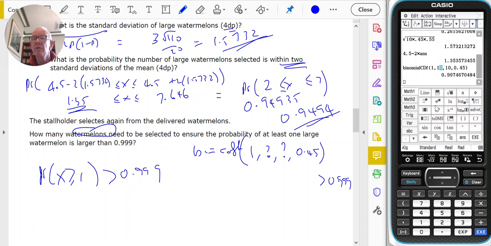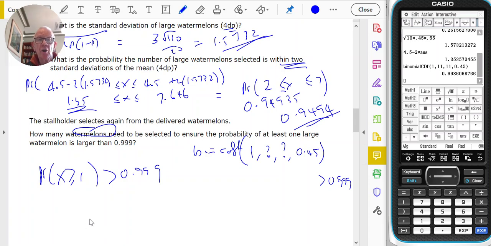0.997. I try 11. That's also not big enough, but I might show what I'm doing. So binomial CDF 1, 11, 11, 0.45 equals 0.9986. Not big enough.